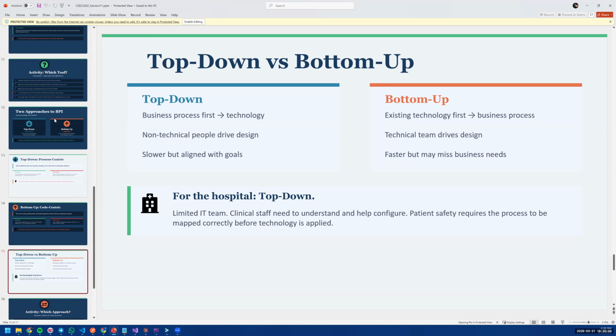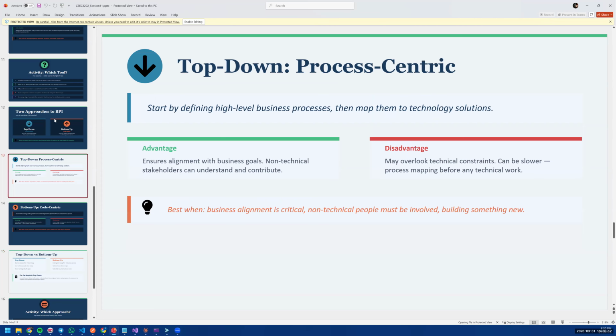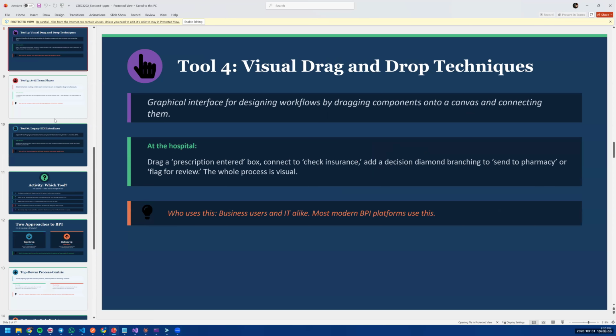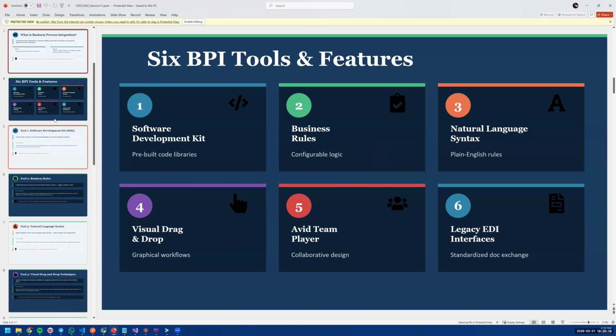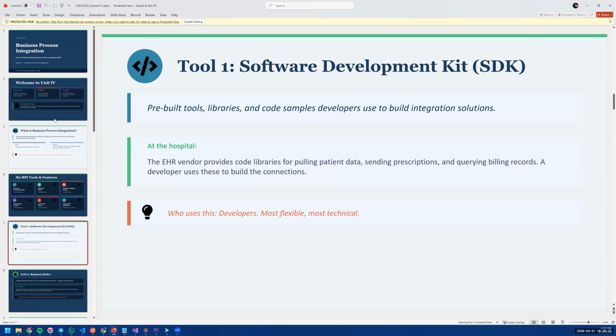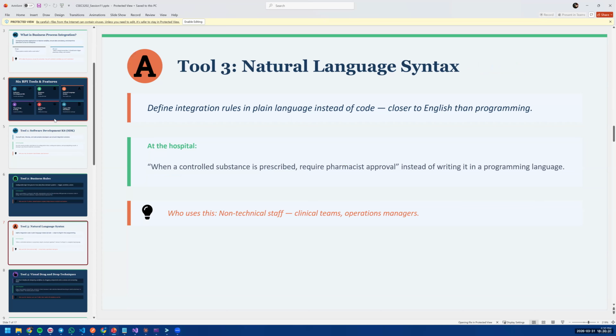For the hospital scenario, what I want to ask you, let me bring that back. Did I have the hospital scenario? Oh no, I didn't have the scenario on a slide by itself.